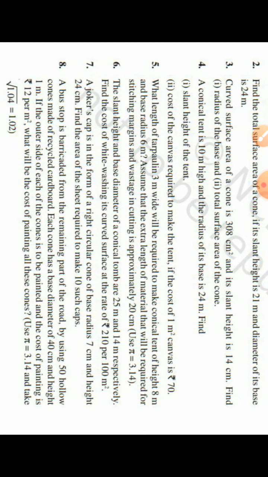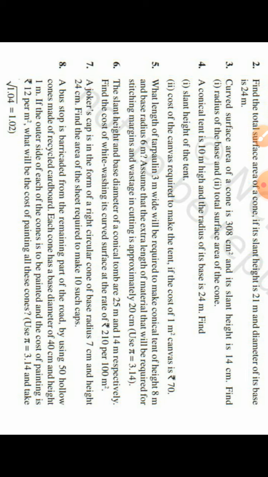They have not given us rate of 1 meter square, but instead of 1, they have given rate of 100 meter square. So first of all you have to find rate of 1 meter square. So just divide 210 by 100. So 210 divided by 100 will be the rate of that whitewashing.